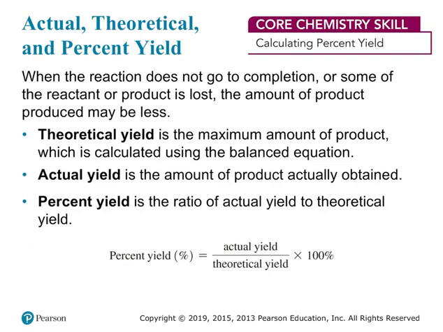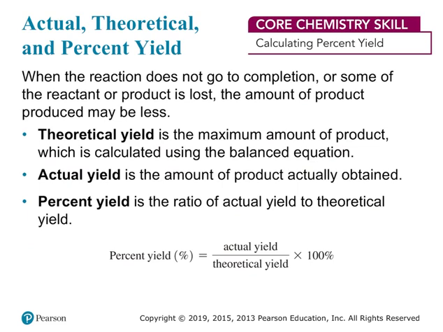Okay, so now let's talk about percent yield. Often in chemistry, reactions don't happen perfectly. Maybe you weighed out a certain amount of reactant, but then spilled some on your way to the beaker or something.